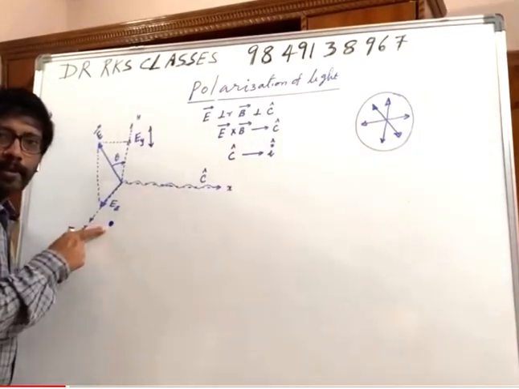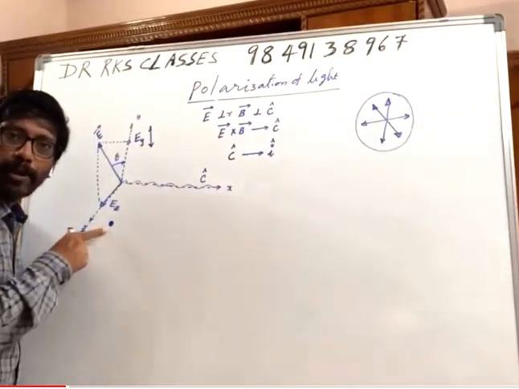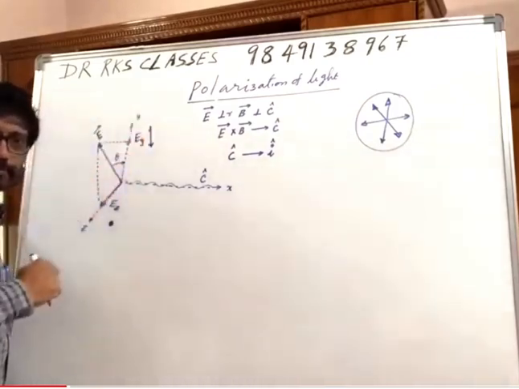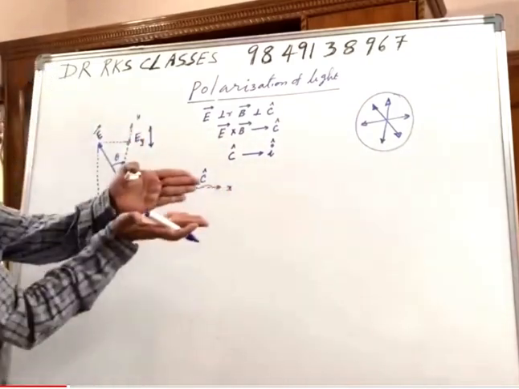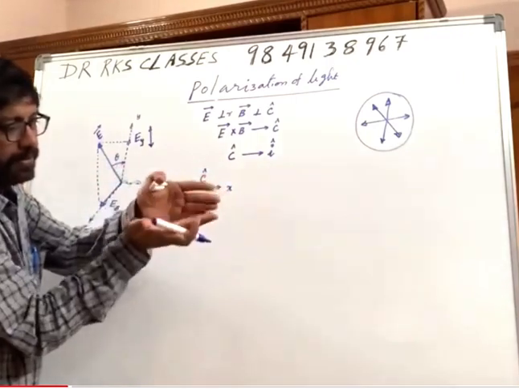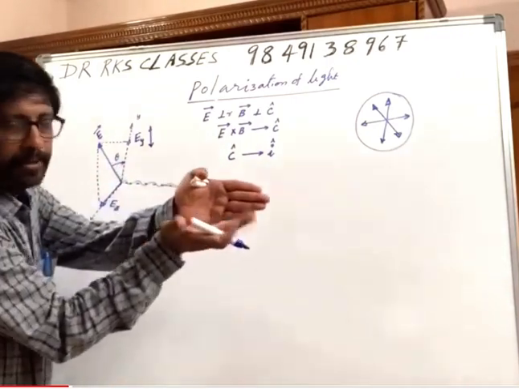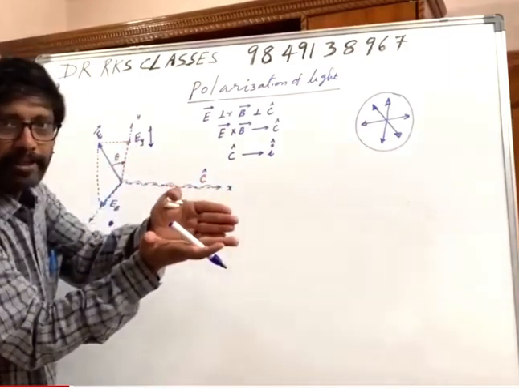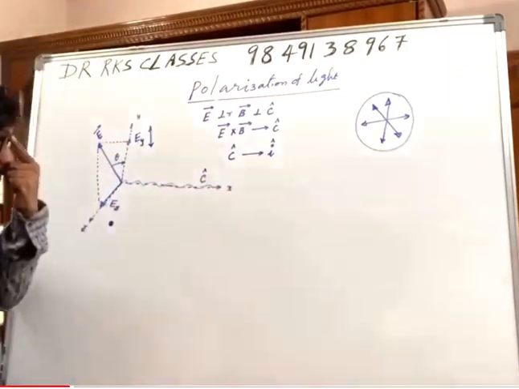So the dot is the electric field component perpendicular to the plane. This is the direction of propagation. They are like this. This is xy plane. It is xz plane, like a book like this. This is the direction of propagation, not this one. Both planes must contain the direction of propagation.